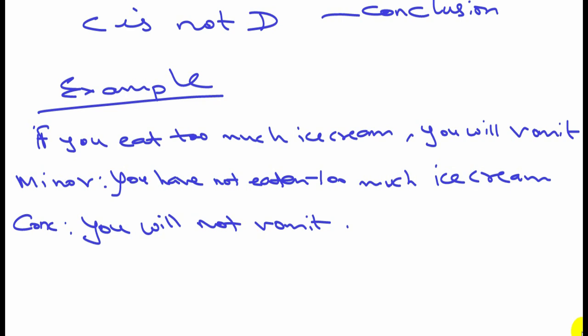We may state here that in a hypothetical argument, the antecedent may be the only condition from which the consequent follows. Okay? In a hypothetical argument, the antecedent may be the only condition from which the consequent follows.